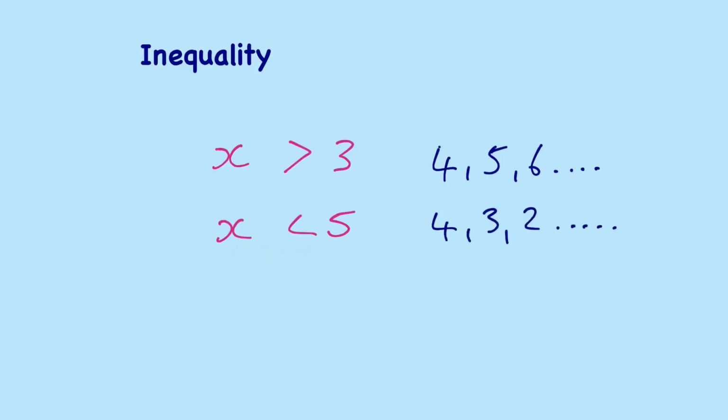You could have the values of 4, 3, 2, etc. Again, the x value has to be less than 5, so it can't be equal to 5. However, in this inequality, you've got x is less than or equal to 7. Therefore, the values of x less than 7 or equal will include the 7, 6, 5, etc.